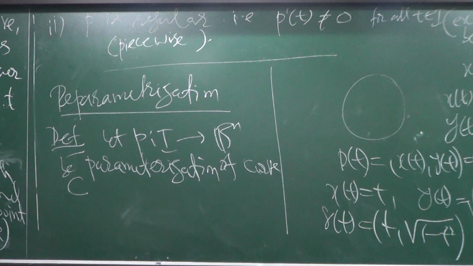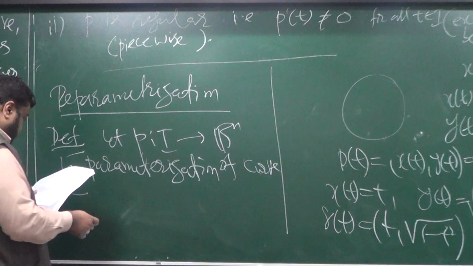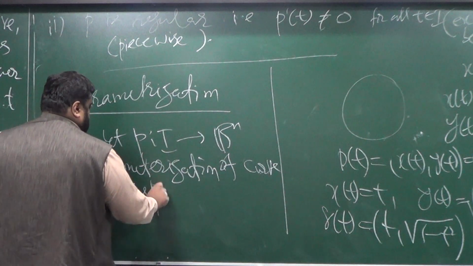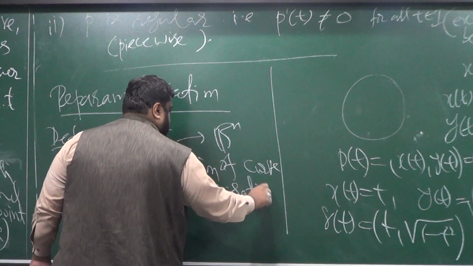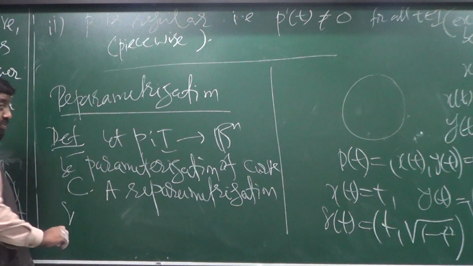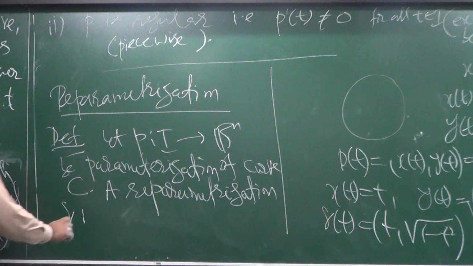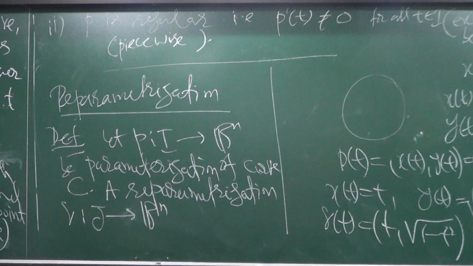It's a path where C is P of I, and P is piecewise regular, and P is smooth as well. That's what these are. So it's one parameterization of it. And a reparameterization Q is going to be a map from J into Rn, where J is another interval.